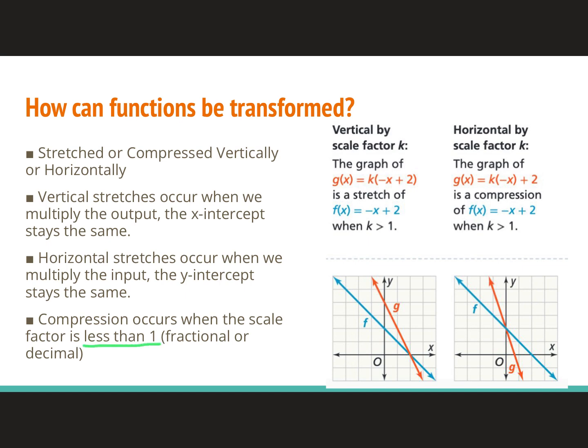I should say when the absolute value of the scale factor is less than 1, it compresses it, it pushes it down. When the scale factor is greater than 1, it stretches. Compresses when it's less than 1. Stretches when it's greater than 1.